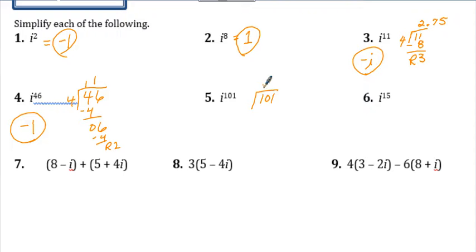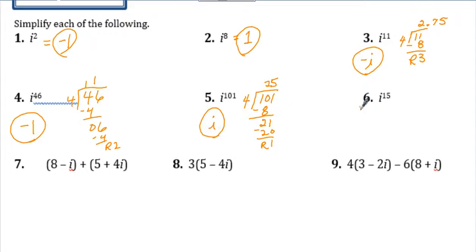Just choose a method that works for you and stick with it. I like the dividing. So 4 into 10 goes twice, with a little left over 2. Bring down the 1. 4 into 21 goes 5 times, with a remainder of 1. If I have a remainder of 1, that means it's i to the 1 power, which is just i.